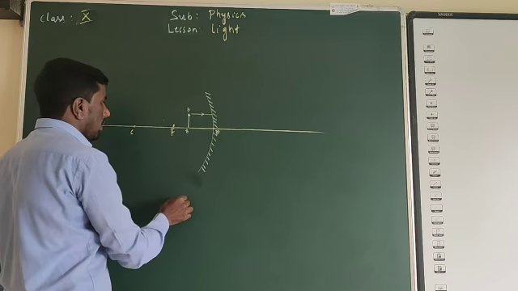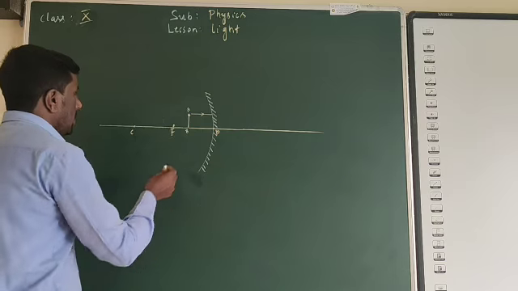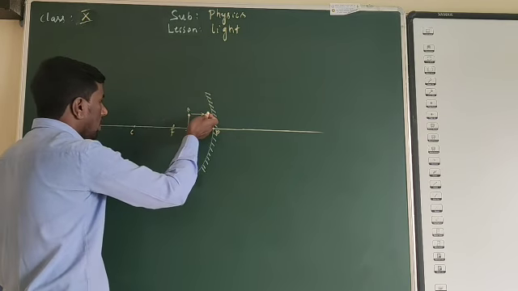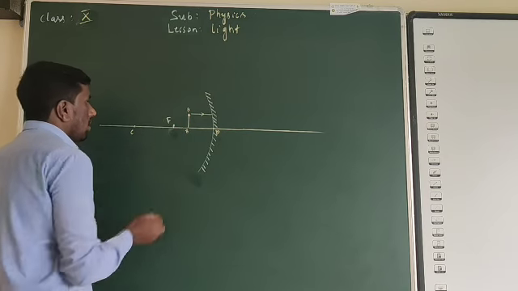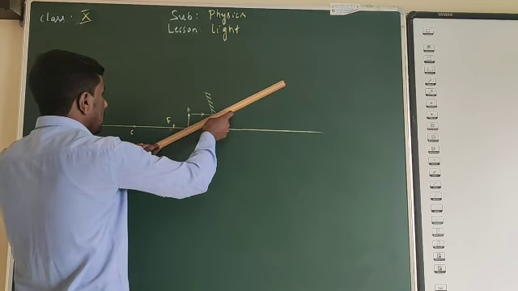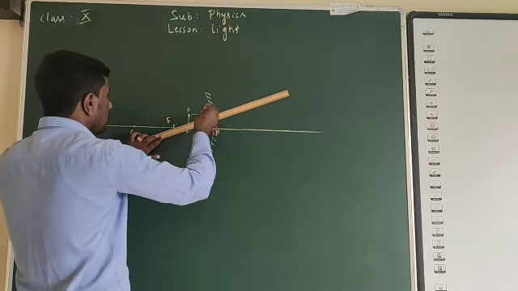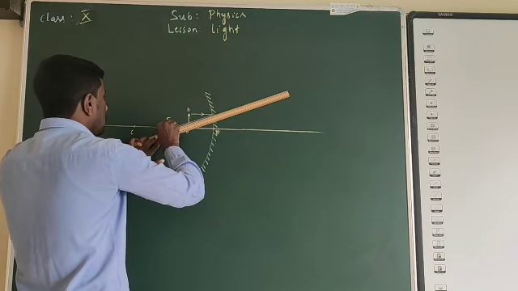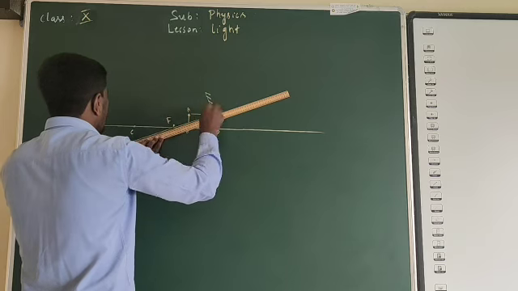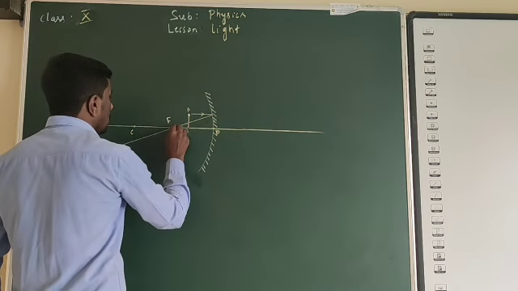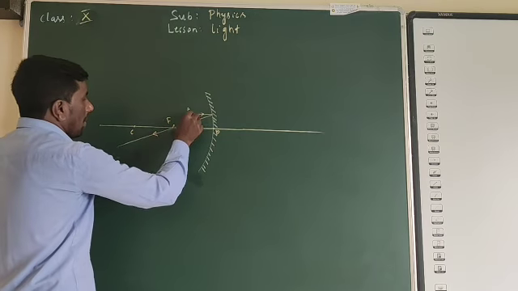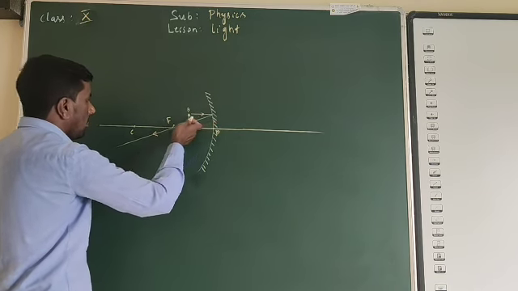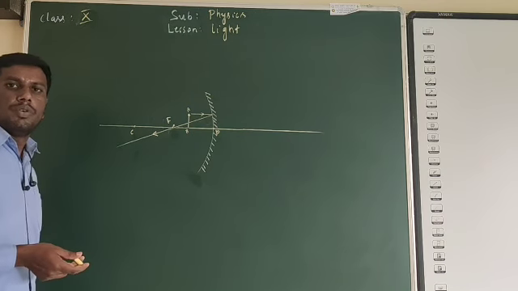Since it is a reflecting surface, it will get reflected. Since it is parallel to the principal axis, it will pass through the principal focus after reflection. Correct? We draw that. So this is the reflected ray. The first one, if it is parallel to the principal axis, will be reflected through the principal focus.